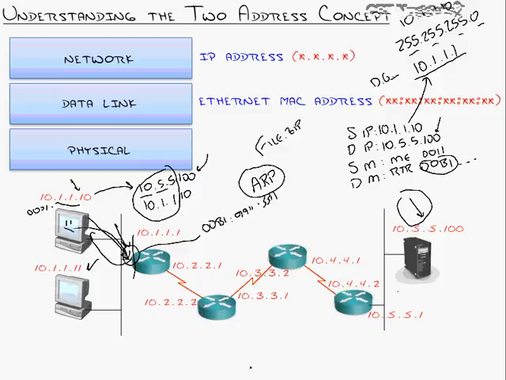The router looks at its TCP/IP routing table and says, okay, well, I can see based on my routing table that I'm not plugged into the 10.5.5 network. I'm plugged into the 10.2.2 network, but my routing table tells me to send it to this person because they are advertising that they have some way to reach 10.5.5.100.